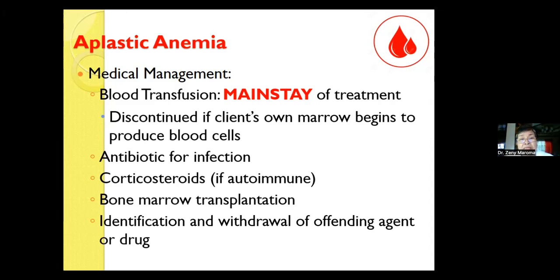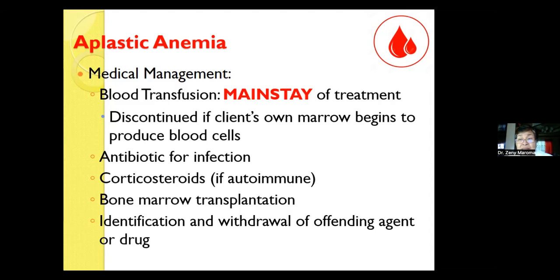Pero paano maiiwasan? Actually, if the patient halimbawa is having IgA nephropathy, an autoimmune disorder affecting the kidney, di ba, part of the drug therapy is corticosteroids and immunosuppressants in order to suppress the immune reaction.